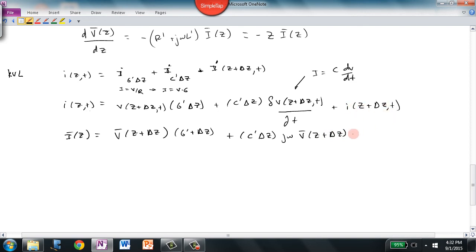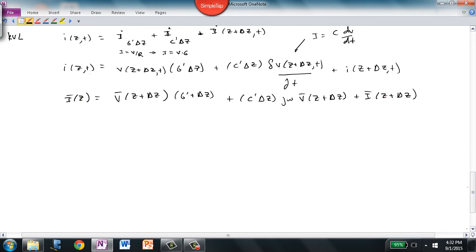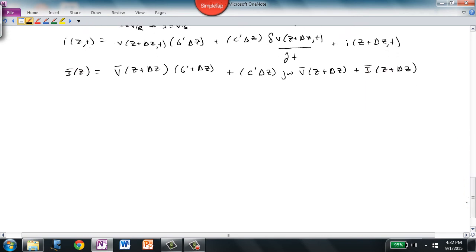And then finally we have the phasor output current. So there we've got Kirchhoff's current law written in phasor form for the transmission line.